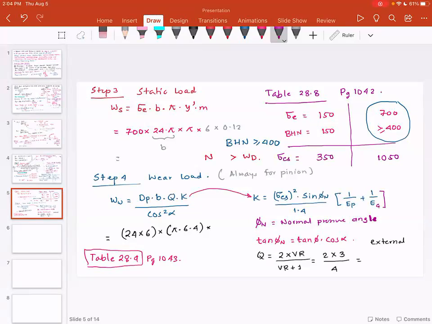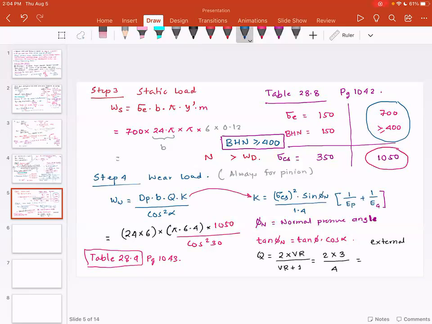Now, in the previous iteration, we said that we are going to heat treat to the BHN greater than 400. So I'm going to stick to the same assumption, and I'm going to say that surface endurance strength is going to be 1050 divided by cosine square 30. Now, what is the advantage of this trick?